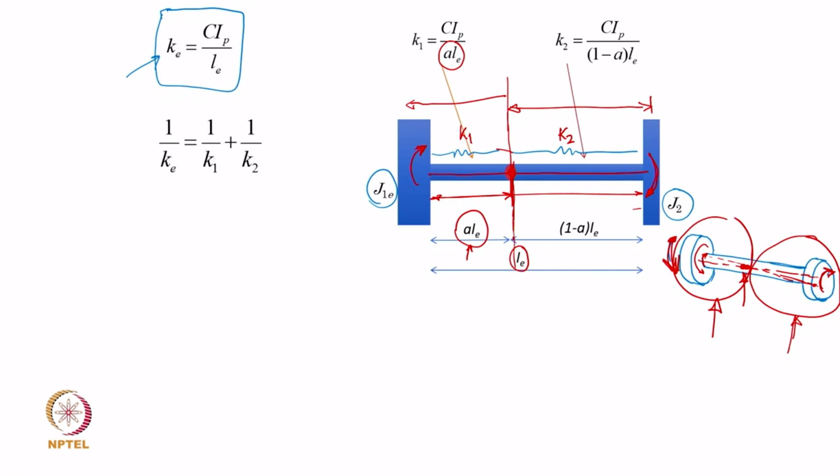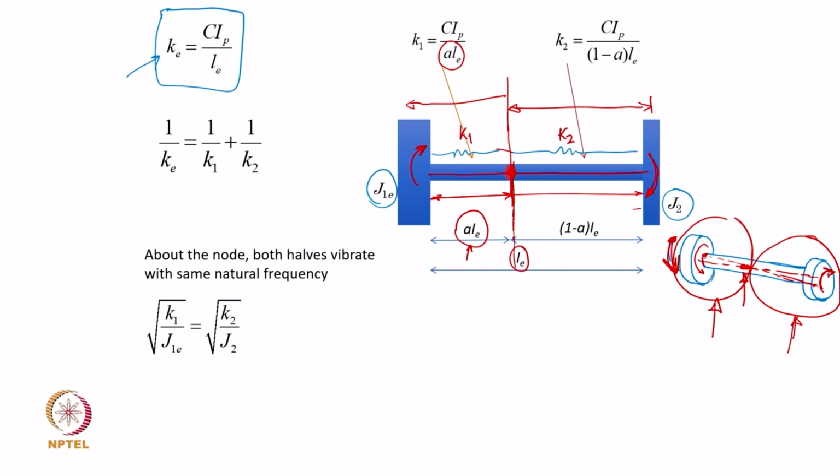So, the natural frequency of this half can be obtained by writing that omega n is going to be square root of kT, the torsional stiffness, upon the inertia of the disc. Now, for the left hand side half here, the torsional stiffness is K1 as we have defined, and J1E, which is the equivalent generator inertia, is the expression that we can use.